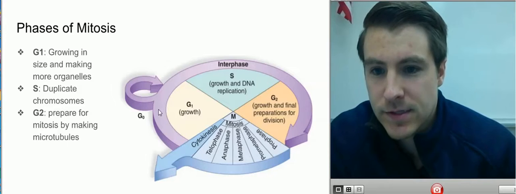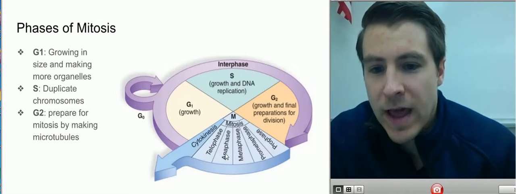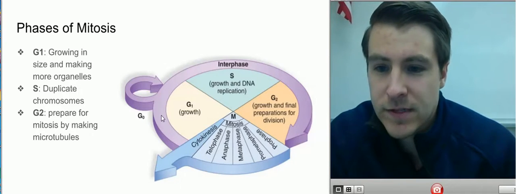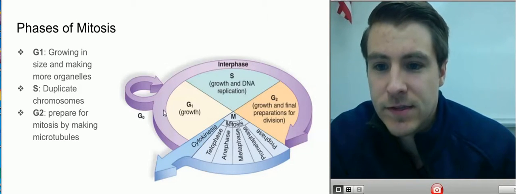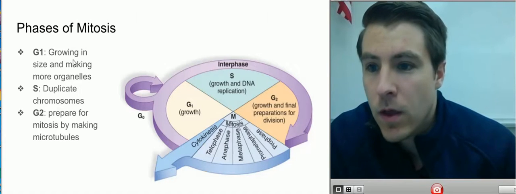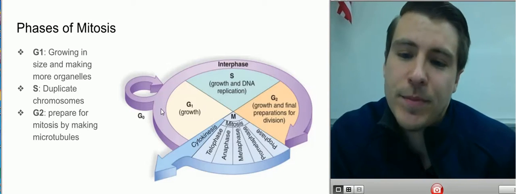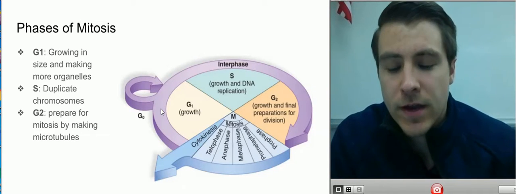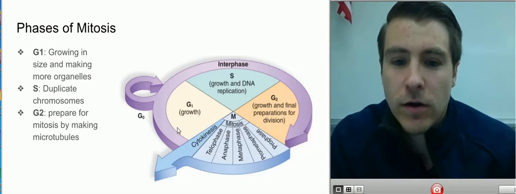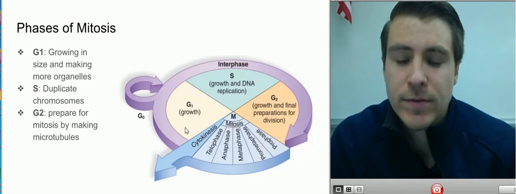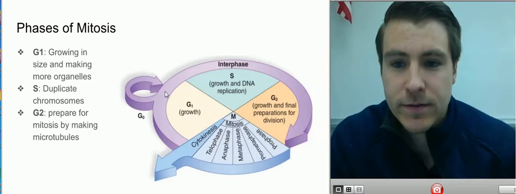And of course it's a cycle, so it goes around and around and around over and over again. But after it's just finished mitosis, it begins its growth phase, and we call this the G1 phase. And this is where the cell is growing in size, and it's also making copies of its organelles. So the number of mitochondria are increasing. The number of vacuoles and lysosomes and ribosomes are duplicating and increasing.